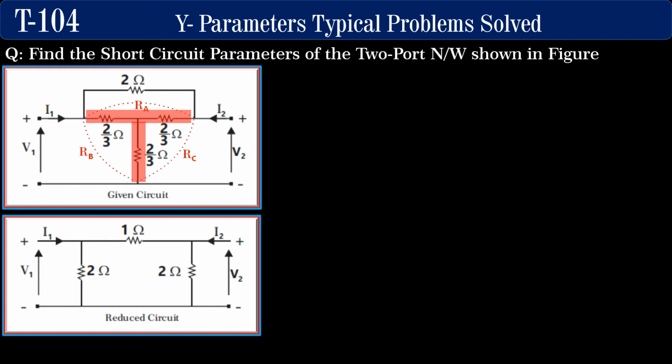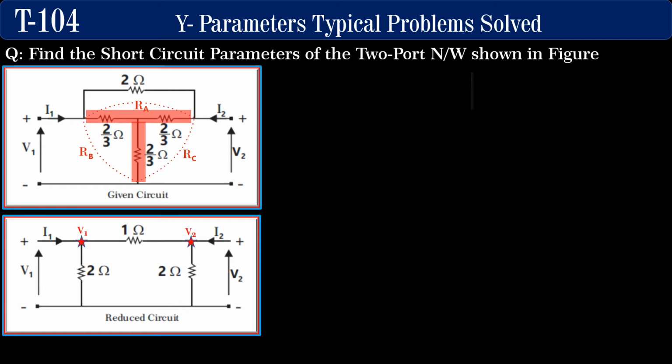But now, we shall not convert these resistances and use the nodal equations for the junction nodes and find the Y parameters. So, you find that this input port voltage V1 appears across this junction and this output port voltage V2 appears across this junction.